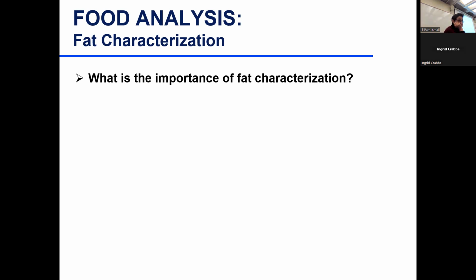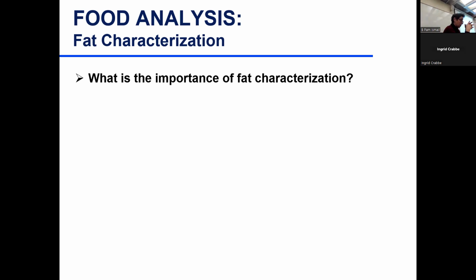Type of fat: saturated, unsaturated, trans fat. Of course, type of fat. So is it saturated, unsaturated? Do we have cholesterol? Okay, what else? When we talk about fat characterization, what can we think of, Kevin? Well, the other one is functionality or impact on your product, like melting point, smoke point.